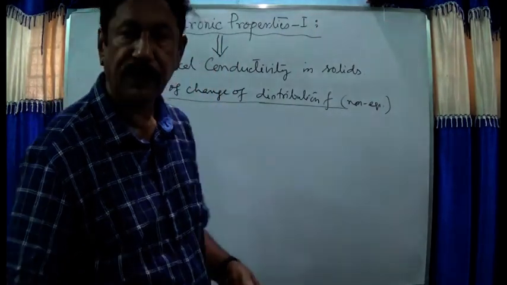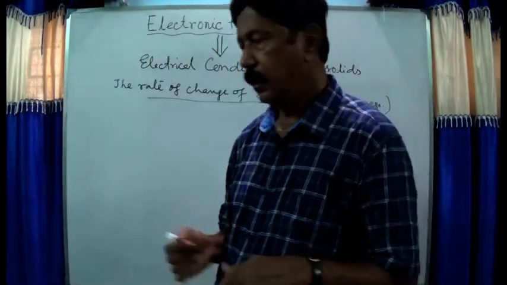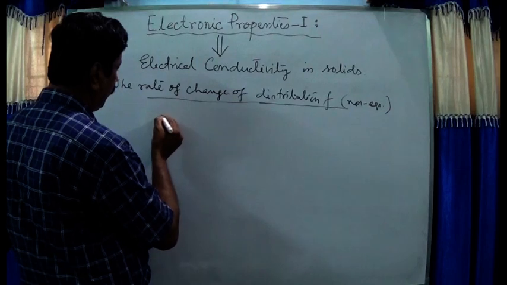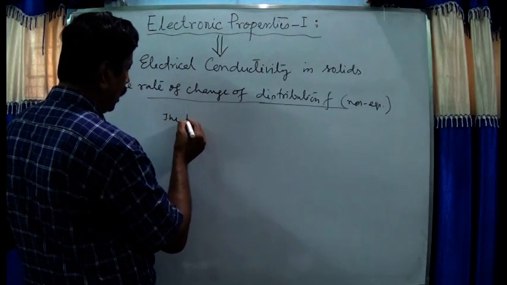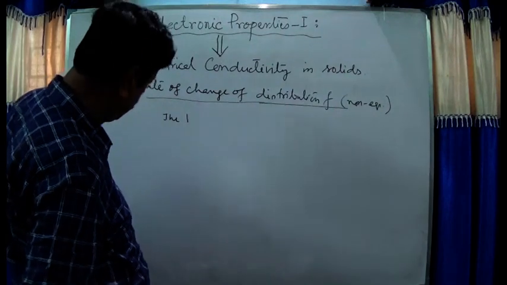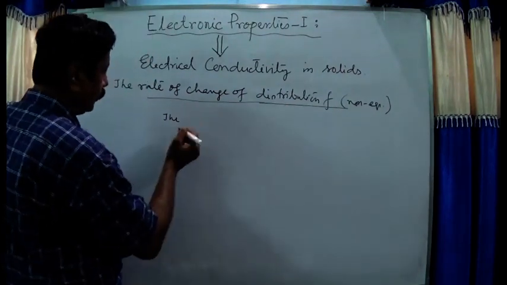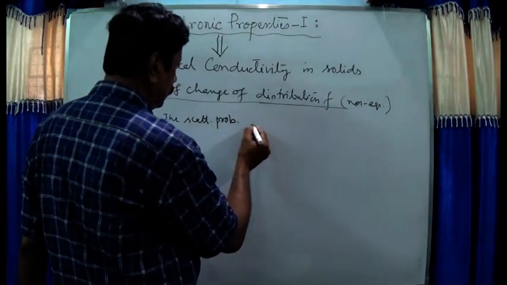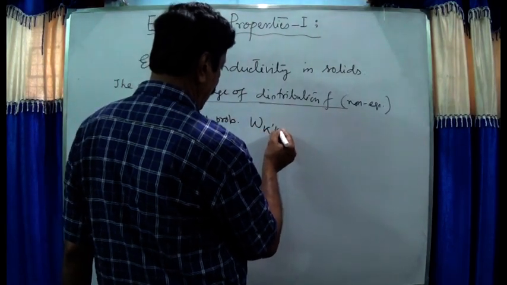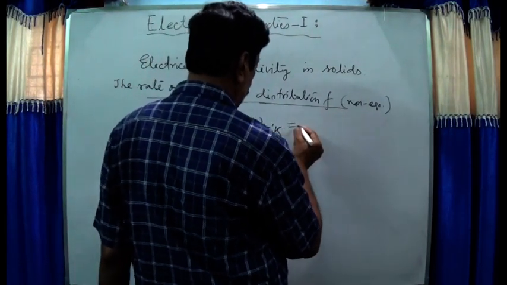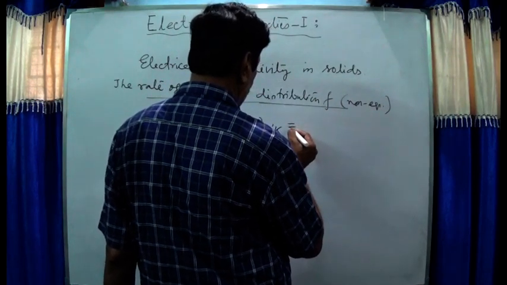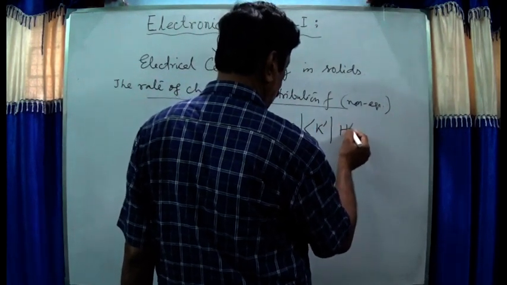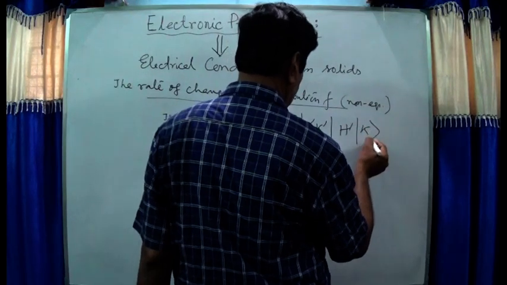In our last class, we have discussed elaborately that the transition probability, I mean the scattering probability, specifically the scattering phenomena. So the scattering probability Wk prime k is almost equivalent to the square modulus of k prime H prime k squared.